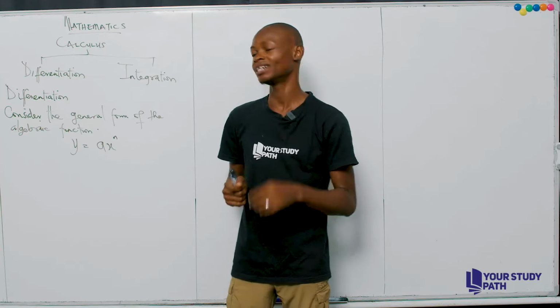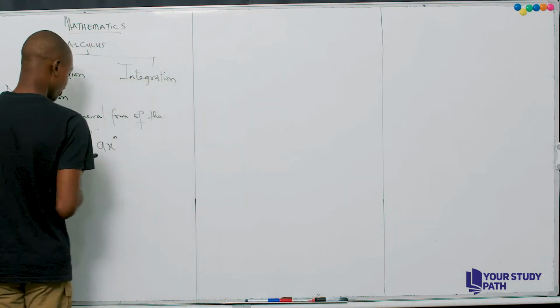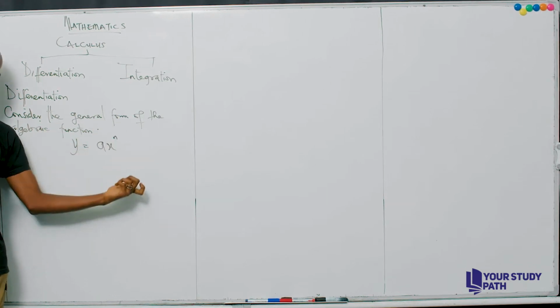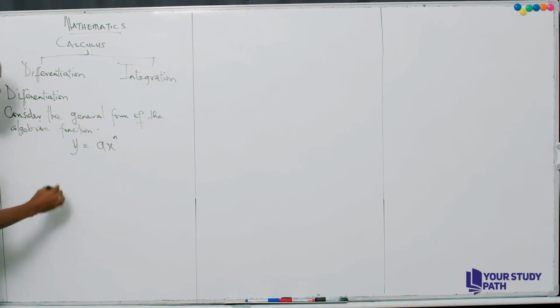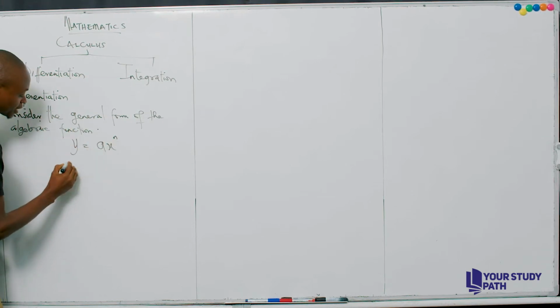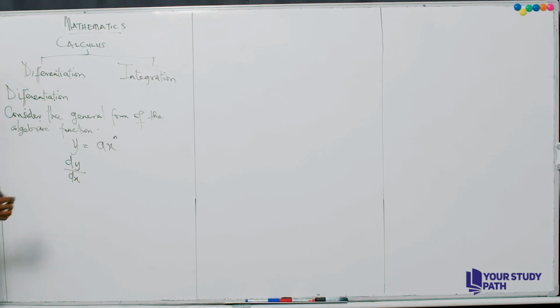Keep that in mind. Now, when we differentiate y with respect to x, which means we differentiate the dependent with respect to the independent variable, we write this, the differentiation of y with respect to x, as dy over dx, or dy dx as we call it. Differentiation of y with respect to x.